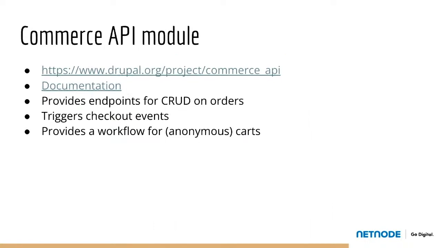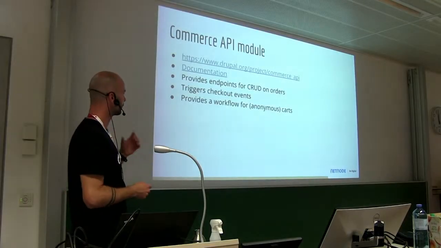Then there is the Commerce API module on the backend again. This is a really great module that exposes the entities of the commerce module. So you also have the CRUD operations for orders. So you can add, remove, update, and delete order items in the cart.